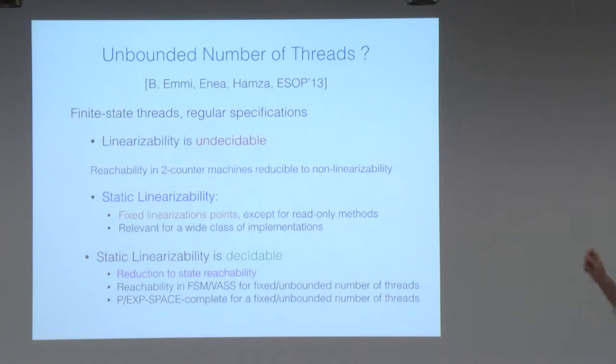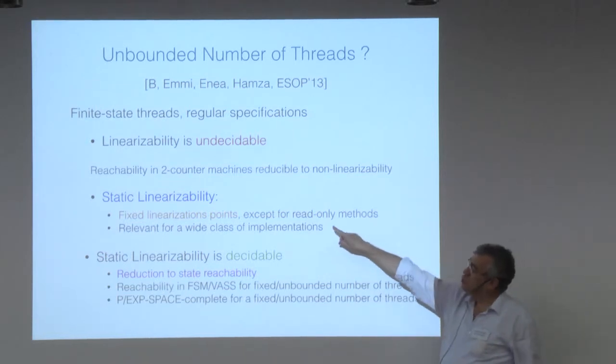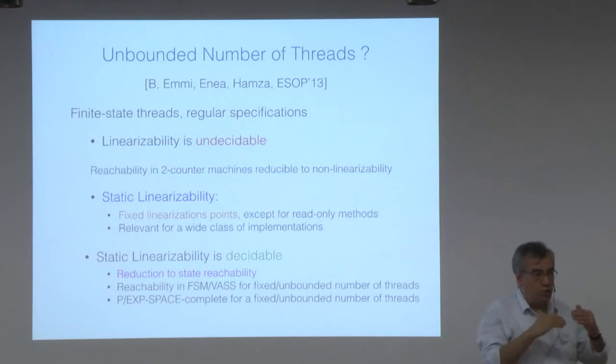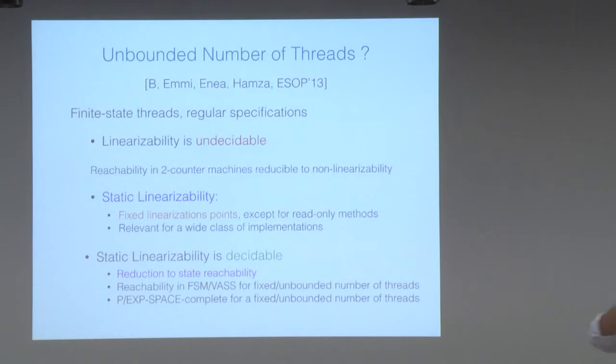For instance, in the same paper, we proved that serializability is decidable even if you have an unbounded number of threads. Also, if you consider another concept of linearizability, which is actually stronger than the usual one, what we call static linearizability, it means that the linearization points that you have to choose in your computation, you now fix them in the code of your methods.